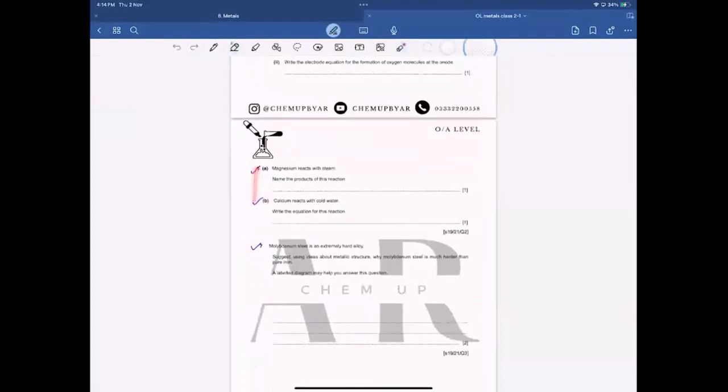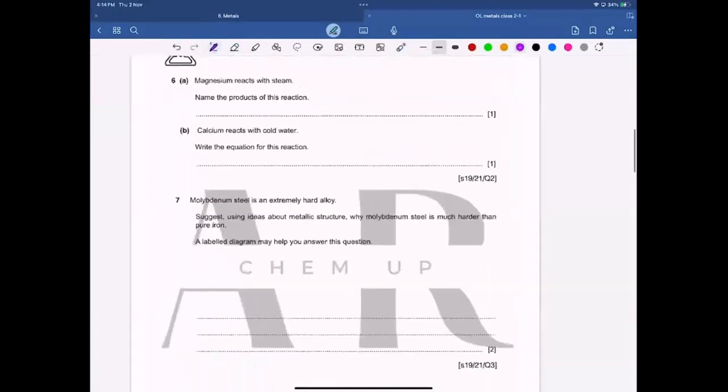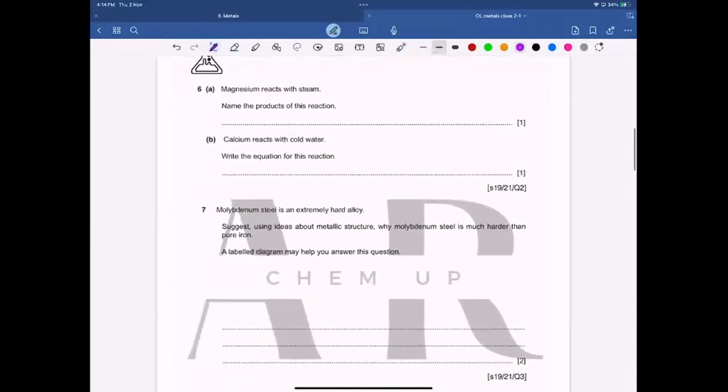Now have a look at this question. Magnesium reacts with steam. Name the product of this reaction. So magnesium is a metal.